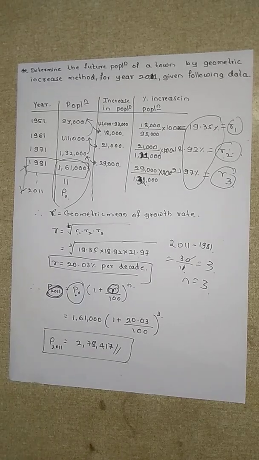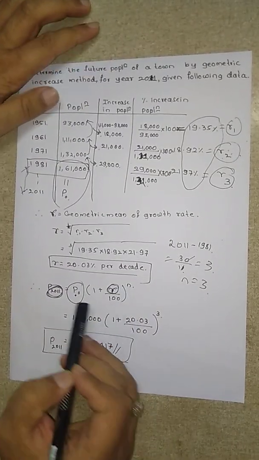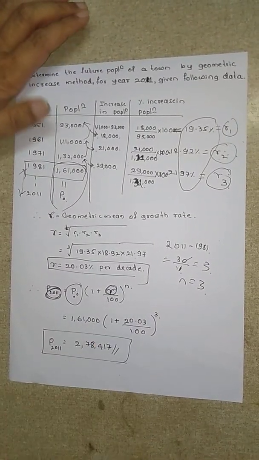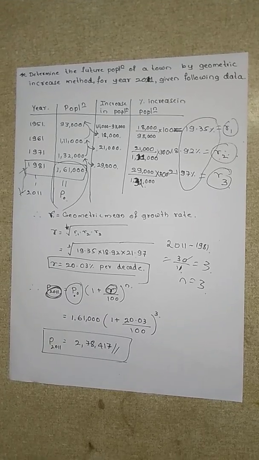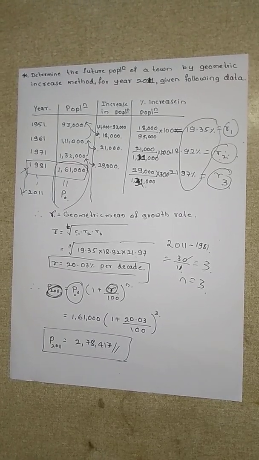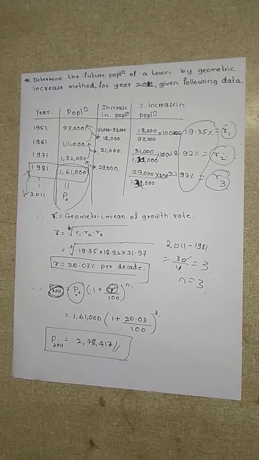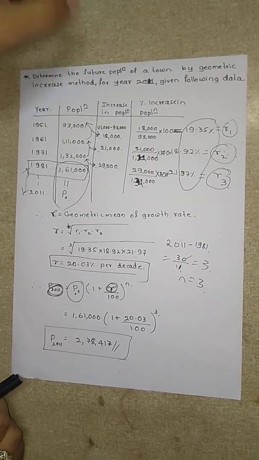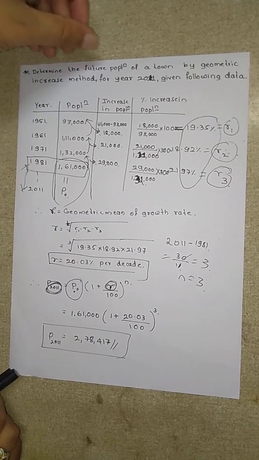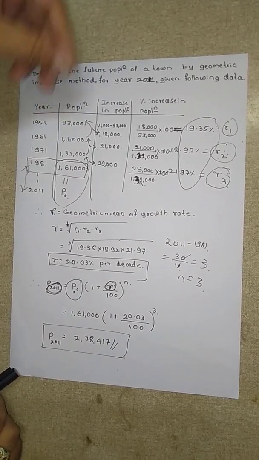Okay, so we have got the value R, we have got the value P naught. Now we are left with N. N is nothing but the number of decades, since they have asked you to determine the population at 2011.